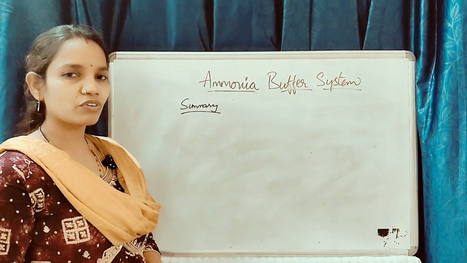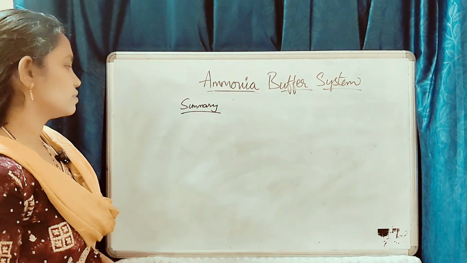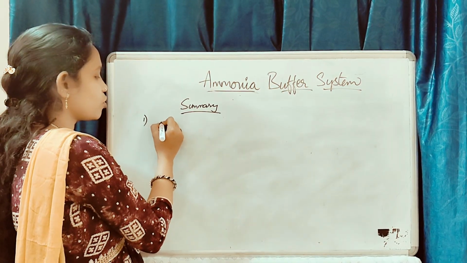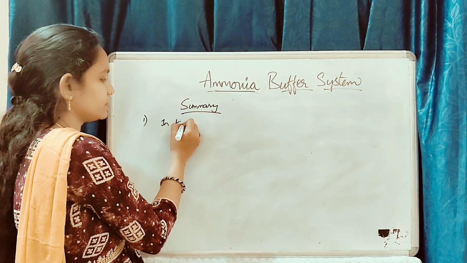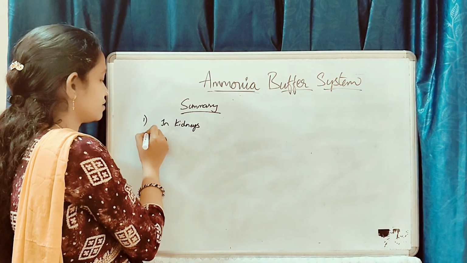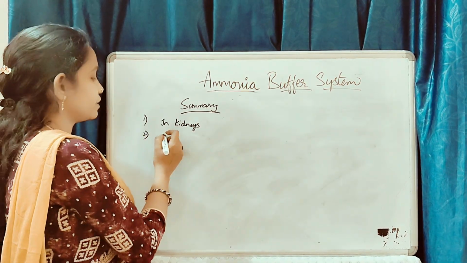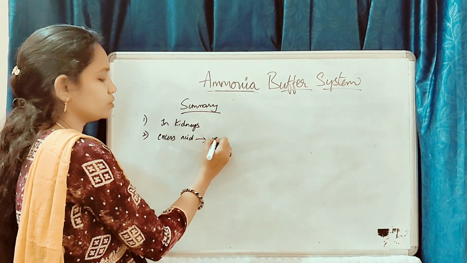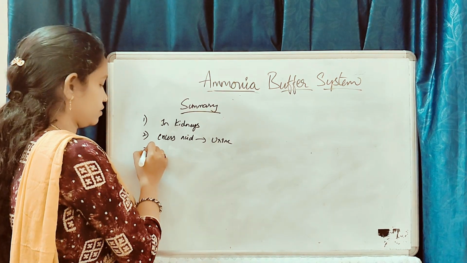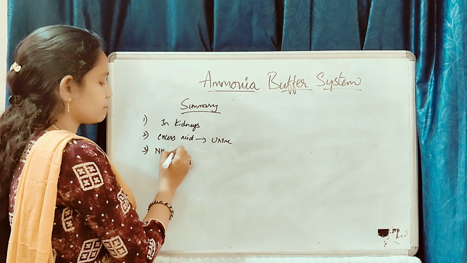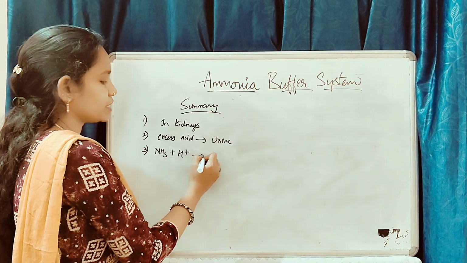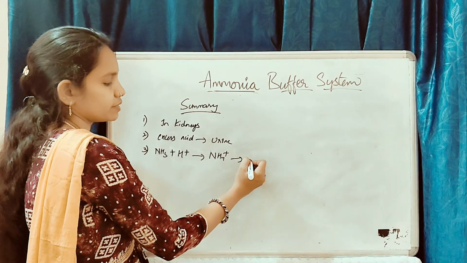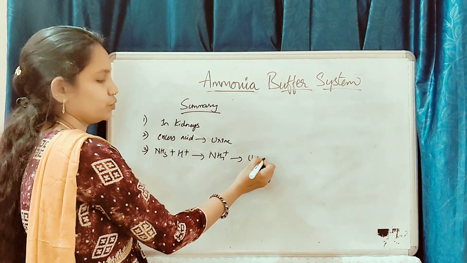Now let's quickly revise what we have read. First, the ammonia buffer system operates in the kidneys. Second, it removes excess acid from the body through urine. So here ammonia combines with extra H plus to form ammonium ion, which is trapped in the urine and excreted from the body through the urine.